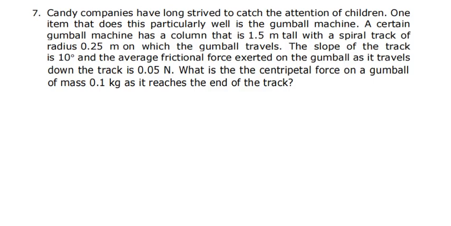So the length of the track, in this case it will be the height. Now the height we've been given is 1.5. We've also been given the angle, so we have to consider that angle, and that is very, very important for us to understand.